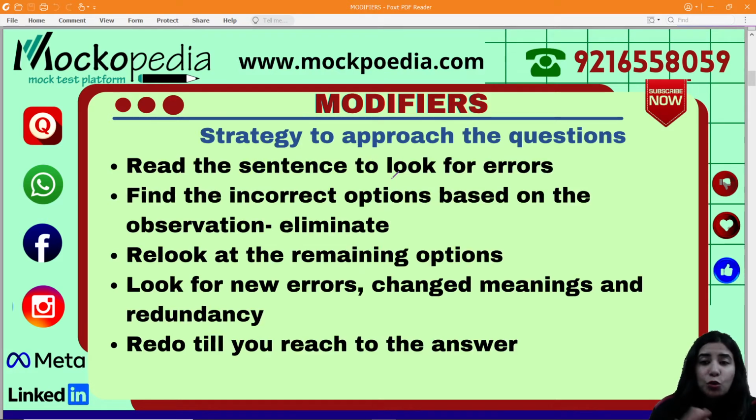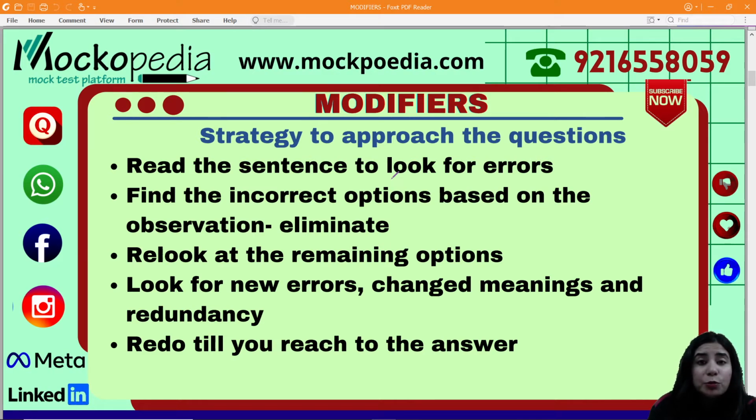So let's move further. How do we apply the strategic approach to solve the questions once we are clear with the expectation of the correct answer? First, read the sentence to look for the error. Specifically, for modifiers or any particular question type, first look at what error you can easily trace. If verbs are underlined, check whether it is a problem of subject verb agreement.